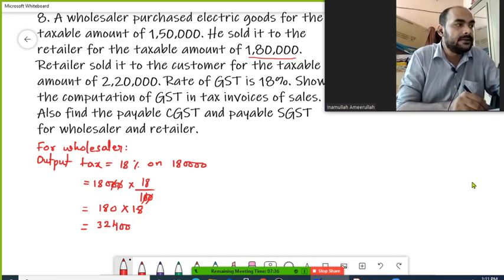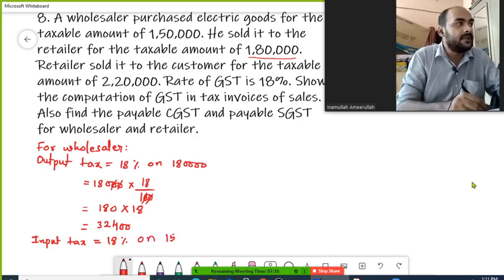This is output tax. In the same way we can find out the input tax of the wholesaler. The input tax of the wholesaler is actually 18% on the purchase price of the wholesaler. The purchase price of the wholesaler is 1,50,000.